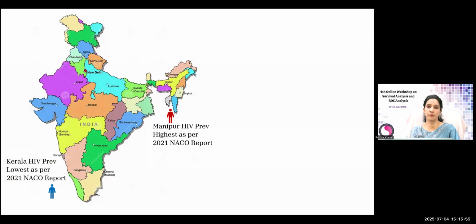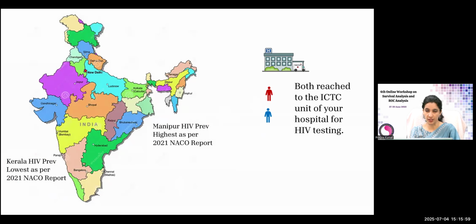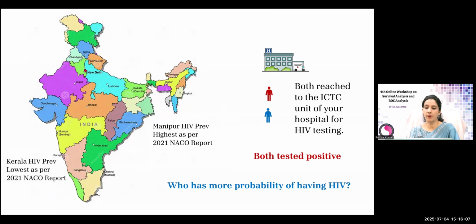If these two people come to the ICTC center of the hospital for checking their HIV status, and both test positive, which person will have the higher probability of having HIV? Yes, all of you please type in the chat box. Manipur. Yes, because the prevalence of HIV is very high in Manipur.